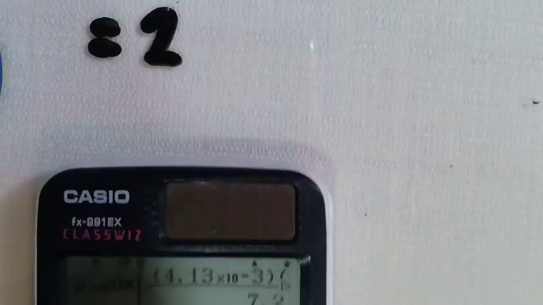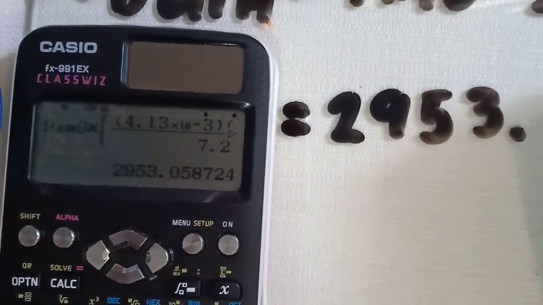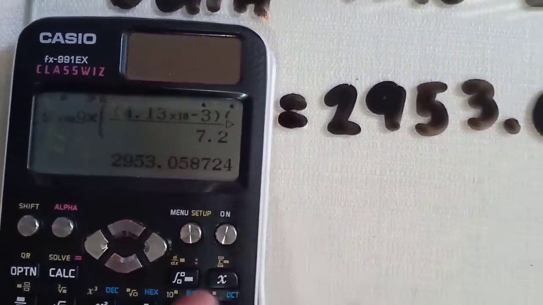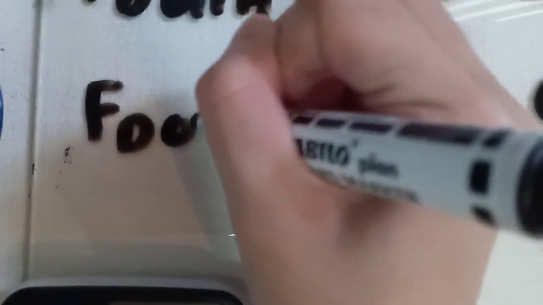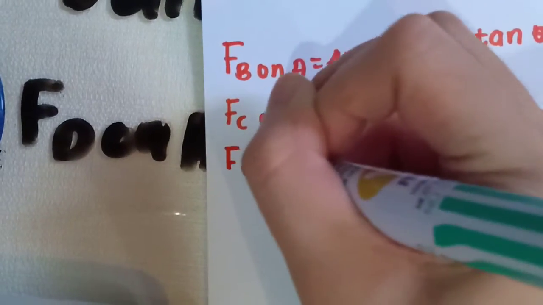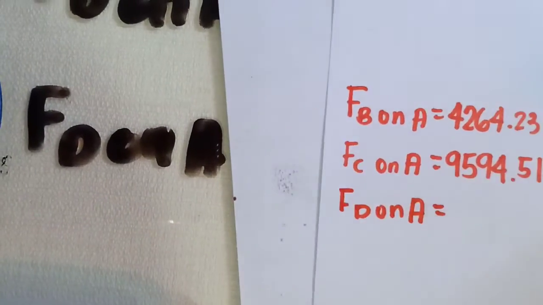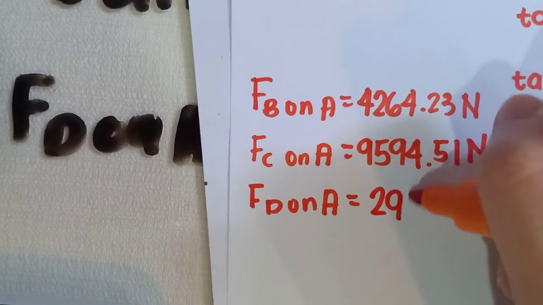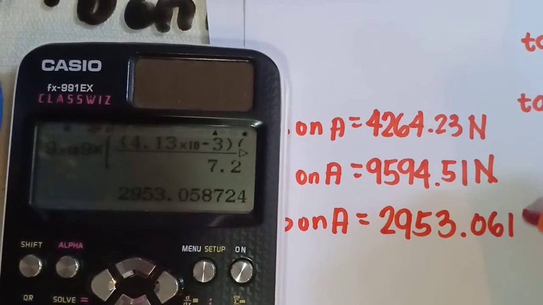You will get an answer of 2953.06 N. So that is the force of D on A. Now, putting that value here, FD on A is equal to 2953.06 N.